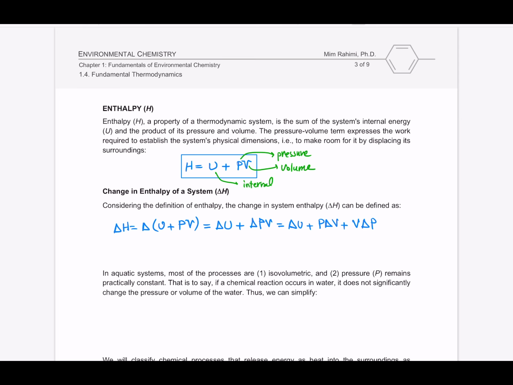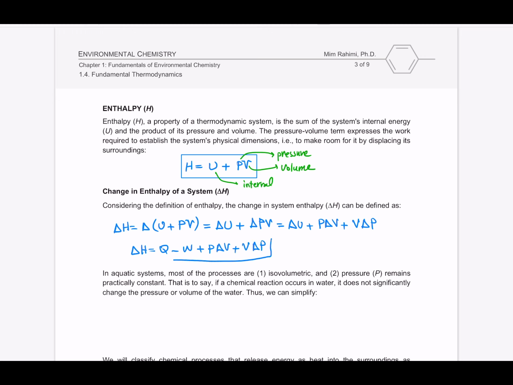Yes, but let's leave this aside. This one, delta U, we already have an expression for, exactly. So then delta H would be Q minus W plus P delta V plus V delta P.